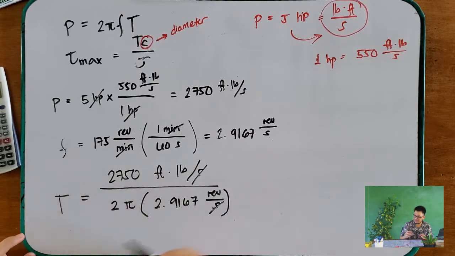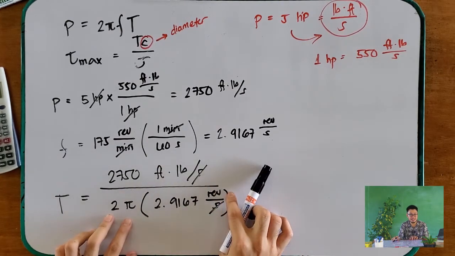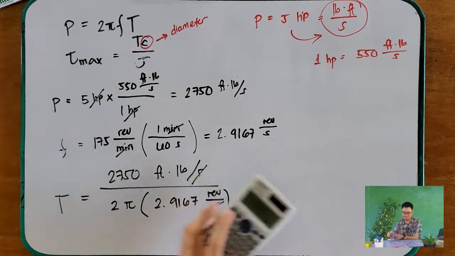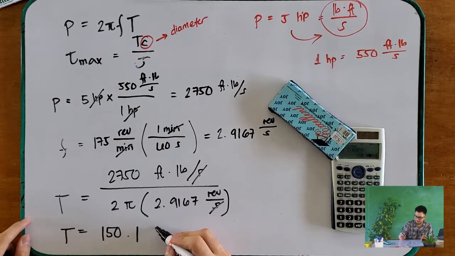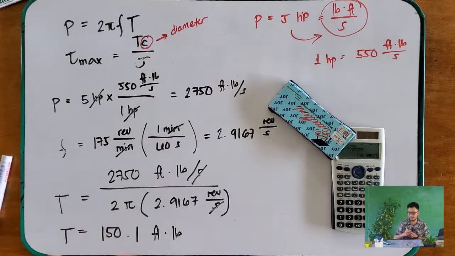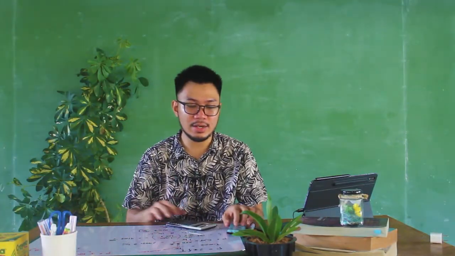Cancel, and this one can be converted. So, let's see. Our torque right here is 150.1 foot-pound. Okay? So, we already solved for the torque, and let's now solve for the diameter.